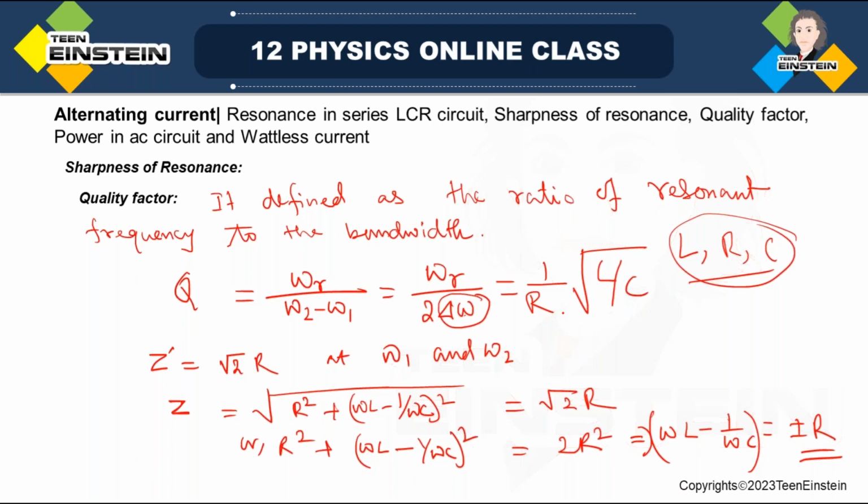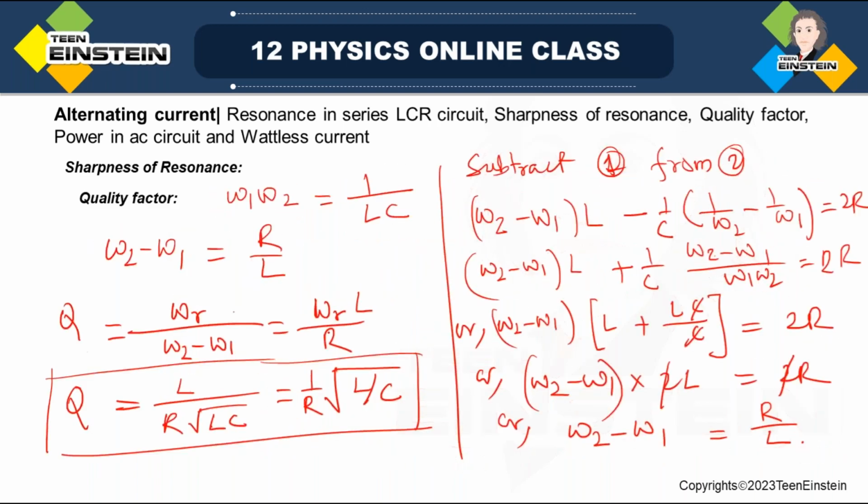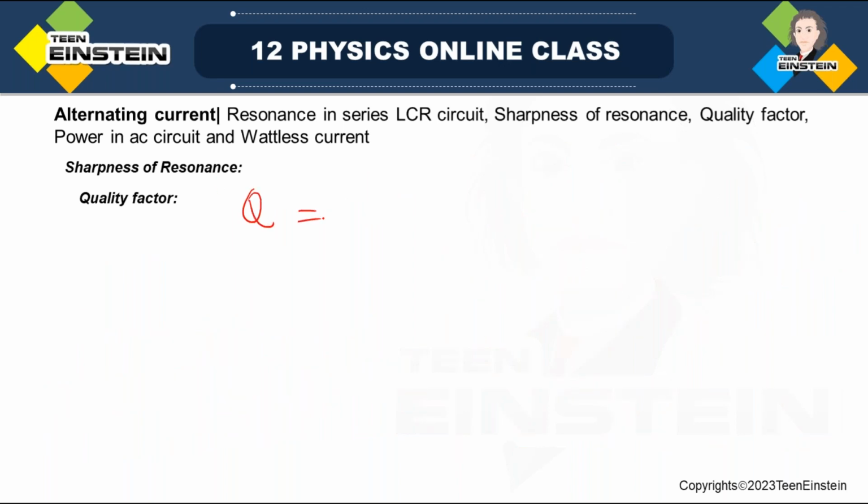Say we want to find the quality factor in terms of this: omega R divided by omega 2 minus omega 1, where we have got omega 2 minus omega 1 as R by L, so L will go there. Now this is omega R into L, which at the resonance condition is the impedance.